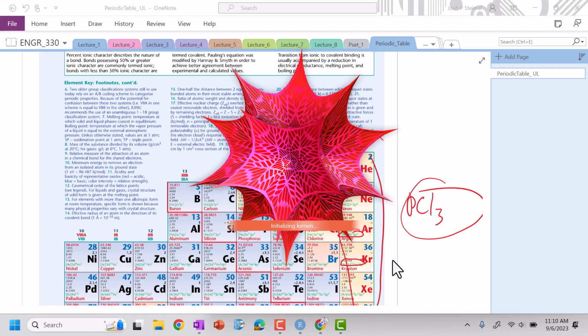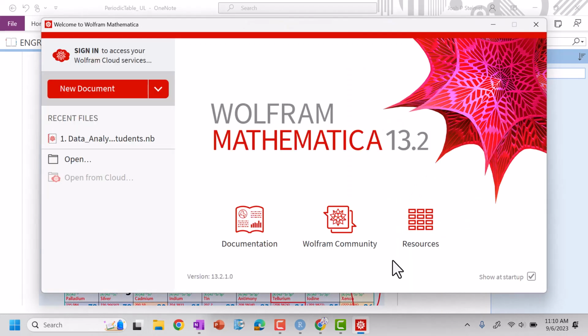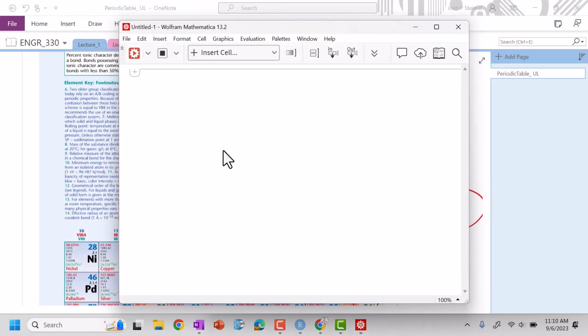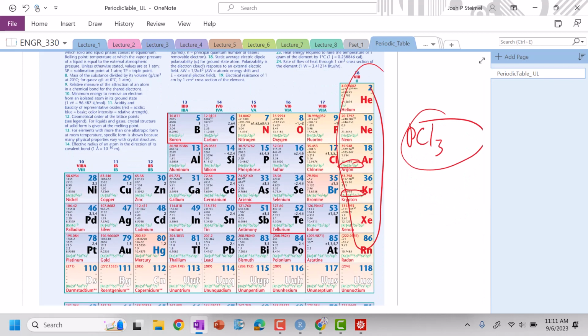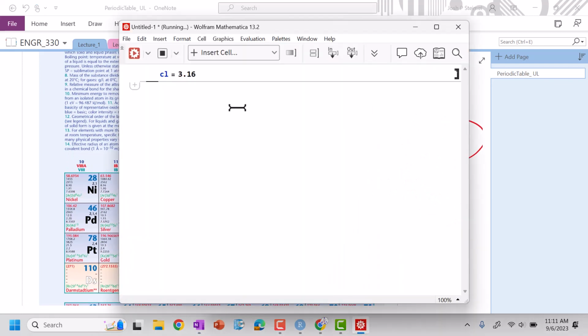So to determine whether these are definitely intramolecular interactions, but if they're covalent or ionic, because they're not metals, we need to look at electronegativity differences. So we know that Cl equals 3.16. O equals 3.44.